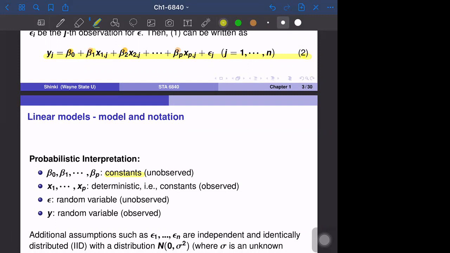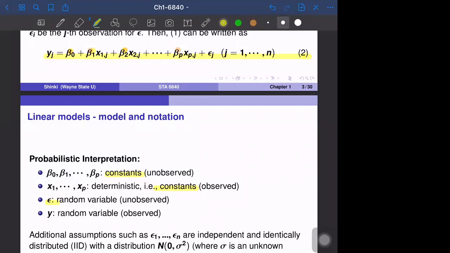And x1 to xp are predictors, and we assume that these are deterministic. So again, this is not random, but constants. And epsilon and y are random. So epsilon is an error. So you can imagine that we assume that is random. So basically x and y have some relationship, but the individual case has some error. So epsilon is random.